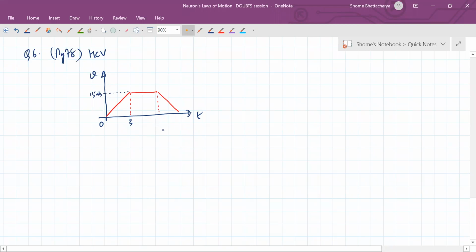Then from 5 to 8, you can see the slope, that is delta V by delta T, or you can say dV by dt is equal to acceleration. So from 0 to 3 seconds, you can see that the acceleration is plus 5 meters per second square, because this time is in seconds.